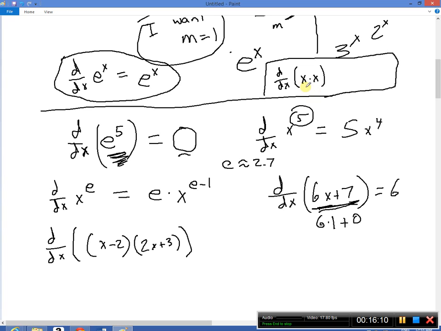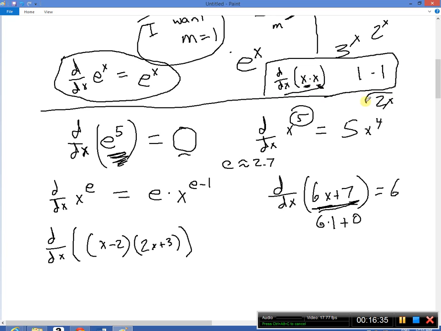Well, x times x, x squared, and everybody knows the derivative of x squared, 2x, right? What if you took the derivative of the first one and the derivative of the second one and multiplied them? You get the derivative of x, that's 1, and the derivative of x is 1. 1 times 1 is 1. The derivative of x times x? Obviously not. The derivative of x times x had better be 2x.